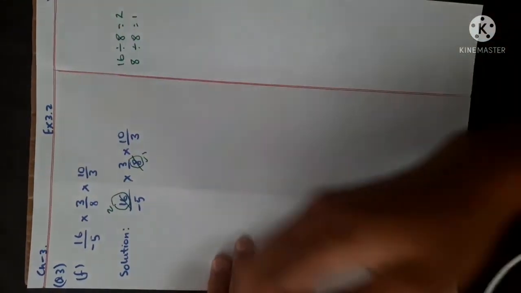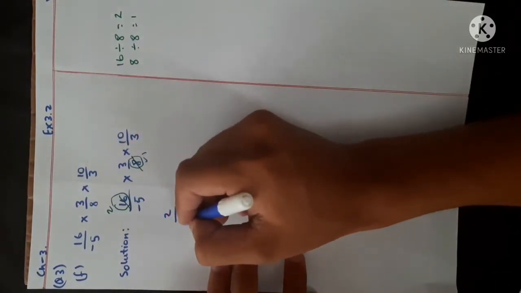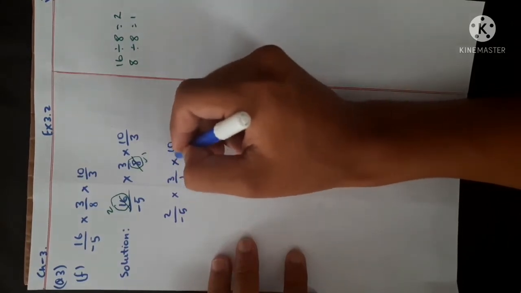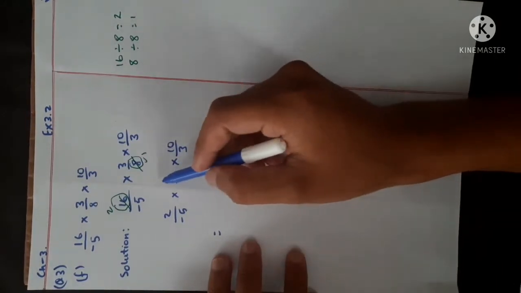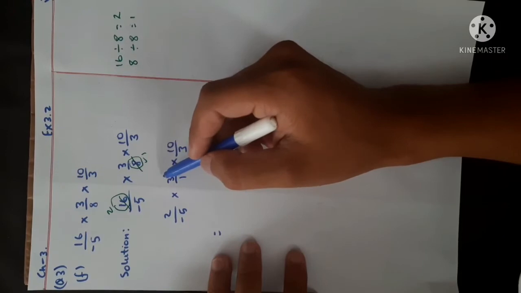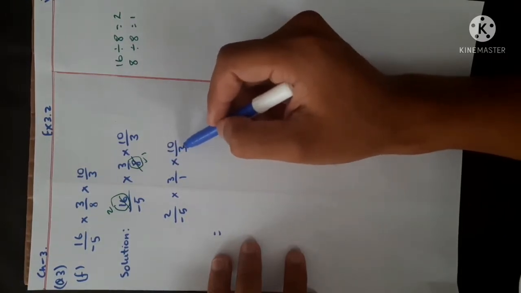So now instead of writing this expression, we write 2 by minus 5 multiply 3 by 1 multiply 10 by 3. And again we see that in the middle fraction the numerator is 3, and in the last fraction the denominator is 3.